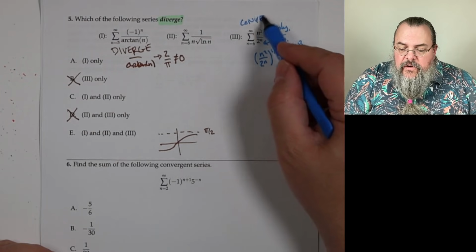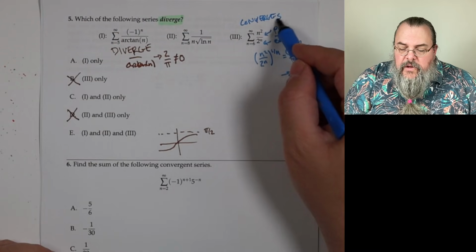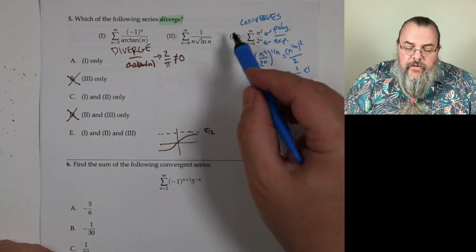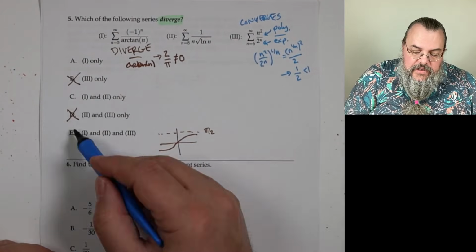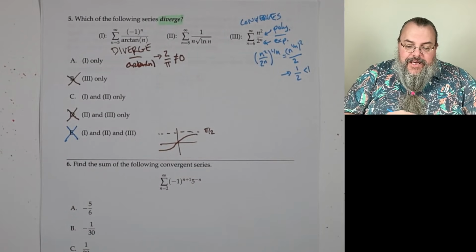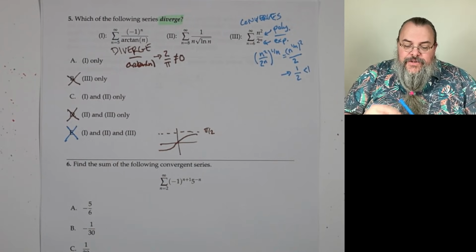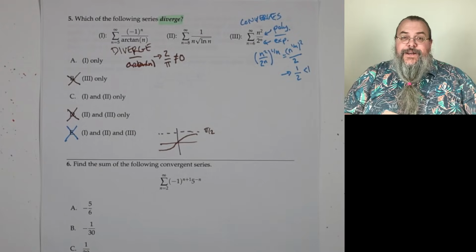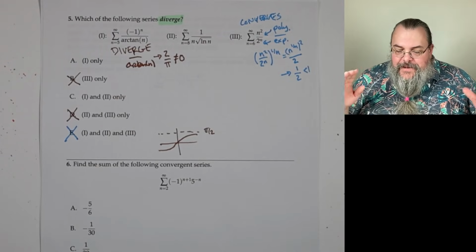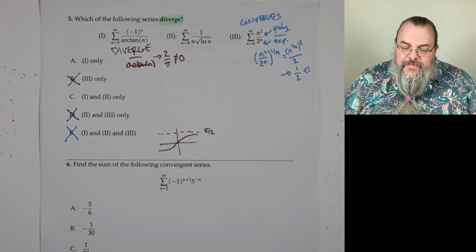Okay, so that says what? Well, we can't include 3, right? So anything with a 3 is out. So that rules out E. Okay, so that means we're down to either A or C. Ooh, okay. All right. So we've got to figure out this one.